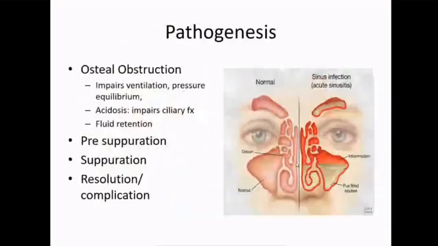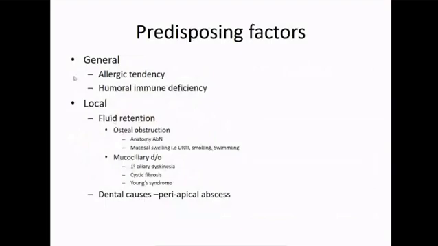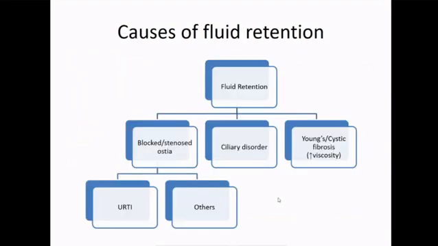Okay, there is a special one, the pathogenesis of rhinosinusitis. I said just now mainly due to fluid retention, due to ostium getting blocked, or mucociliary disorder. But this is a special one, dental cause. Dental cause, on and off you see in the clinic. That means the infection from the dental causing rhinosinusitis, and this is special to the maxillary sinus.